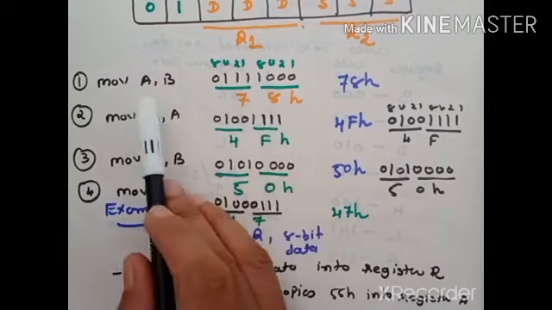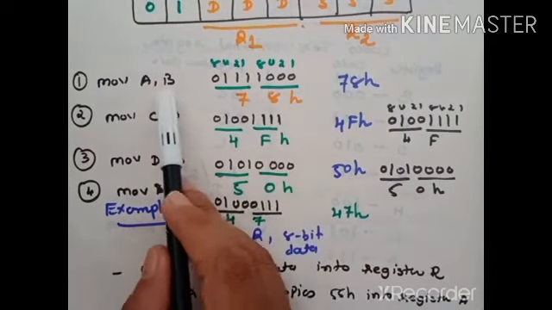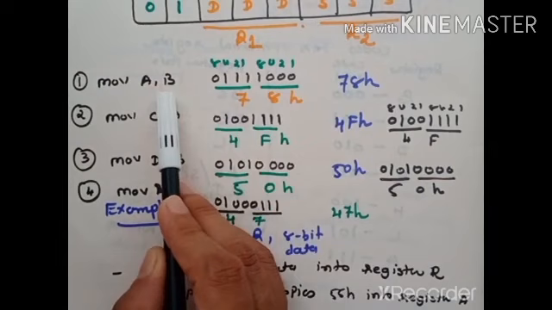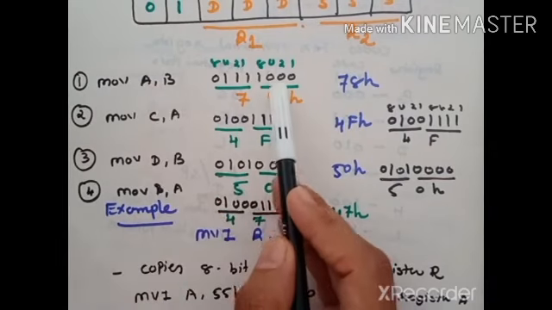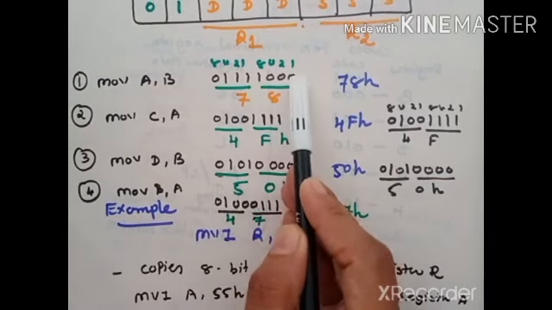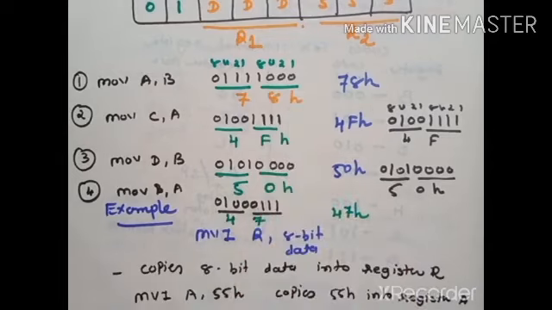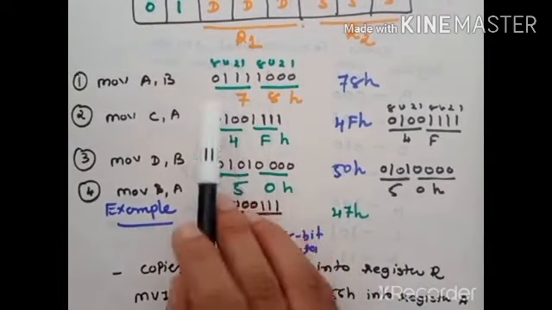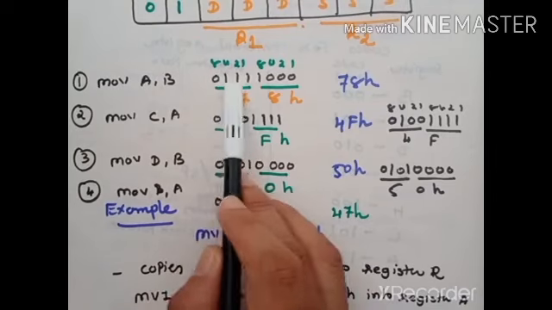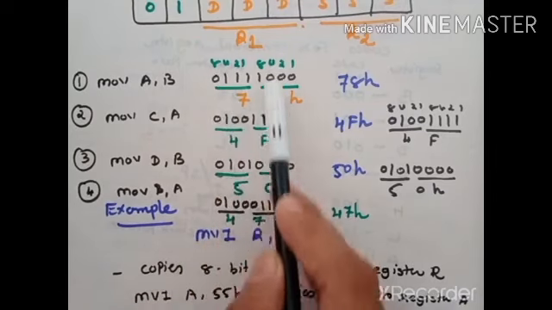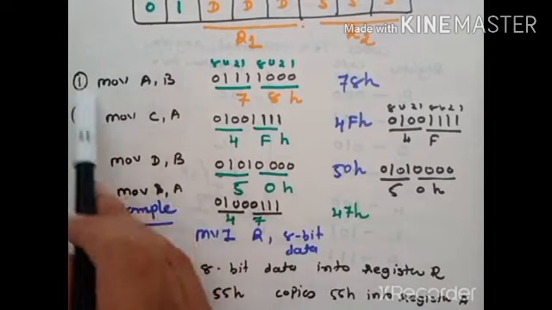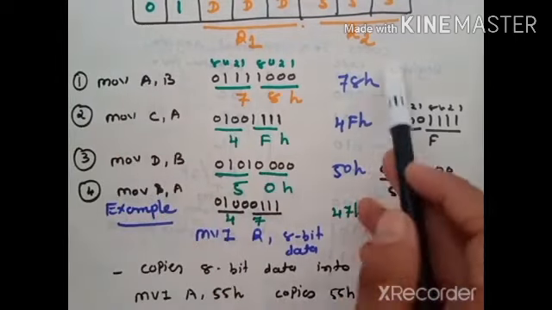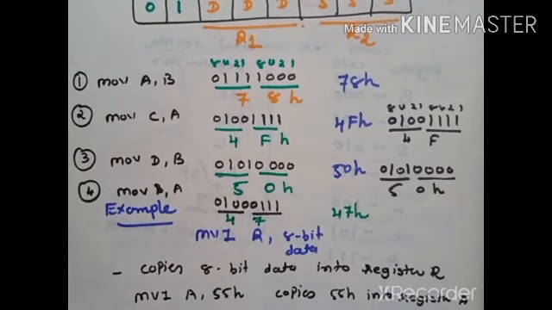Then as the source register, B register is used, and the equivalent code for B register is 000. Then according to 8421, find out the hex: this is 7 and 8. That means the equivalent hex code of MOV A, B is 78H.